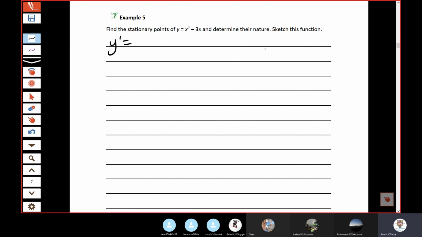All right, let's do it. y dash equals 3x squared take away 3, equals 0. So x squared equals 1, and obviously x equals plus minus 1. Sub it in: y equals 1 take away 3, which is negative 2, and y equals negative 1 plus 3, which is 2.